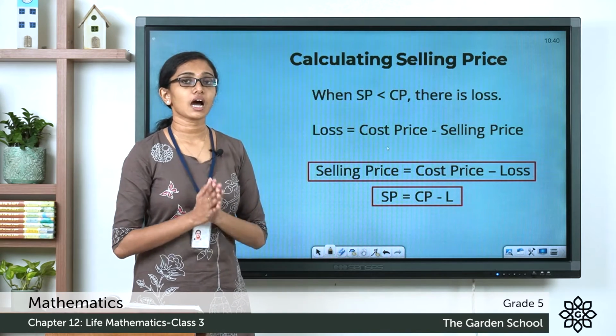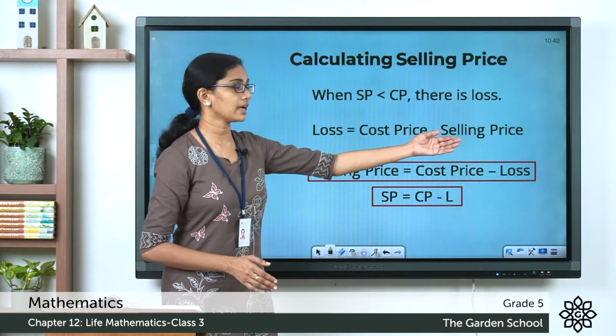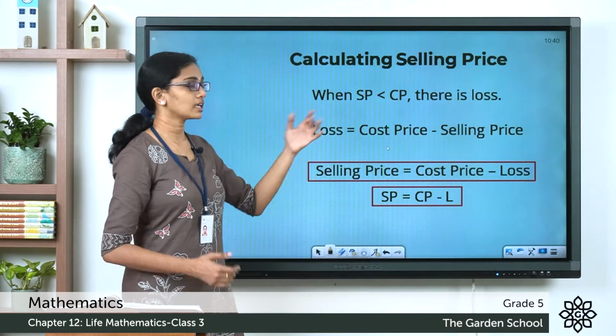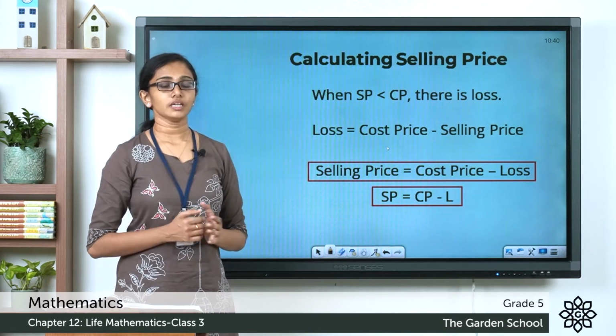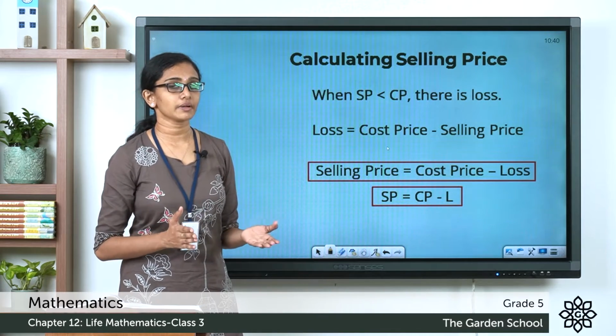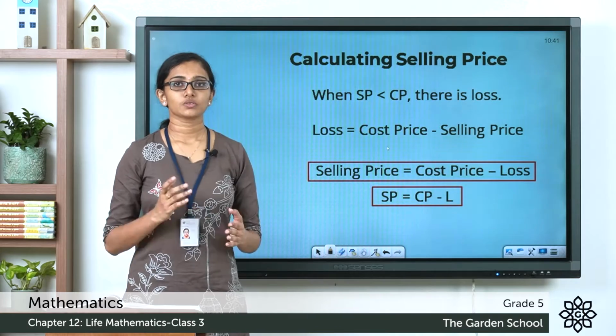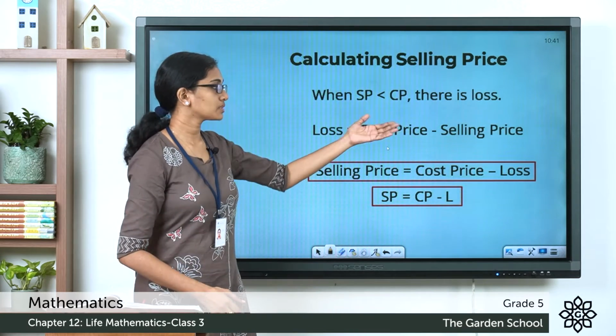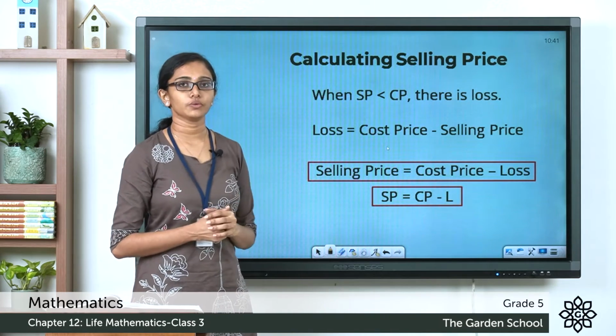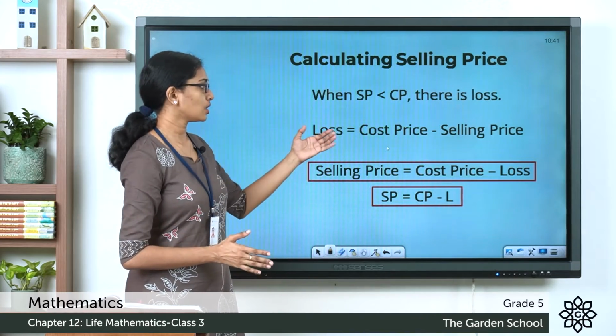Now in this case, how do we find out the selling price if the cost price and the loss are given? See, for it to be a loss, the selling price should be a value less than the cost price. So something must be taken away from this cost price to get a lower value. And here that something is the loss.